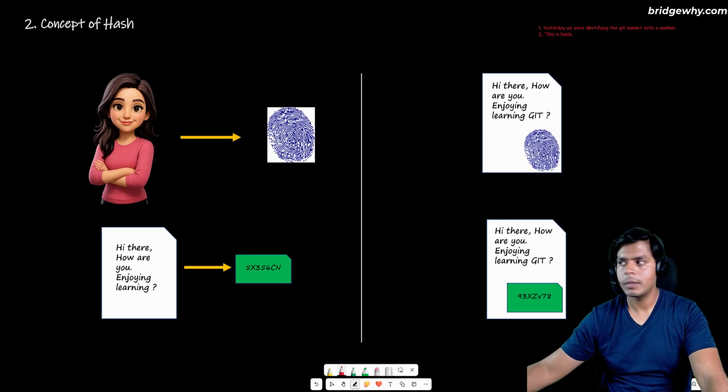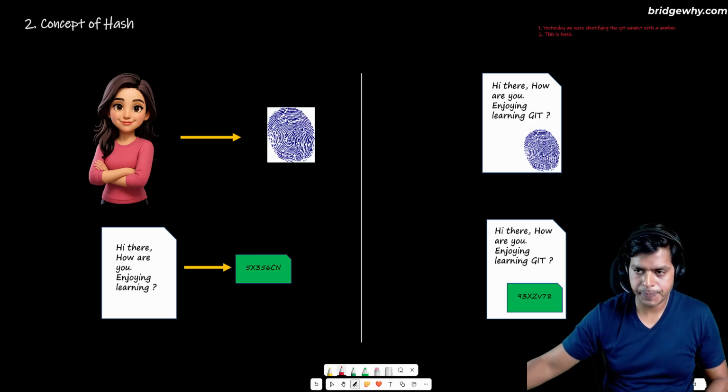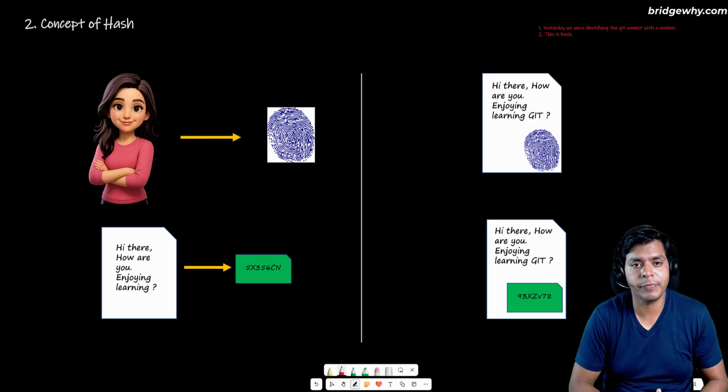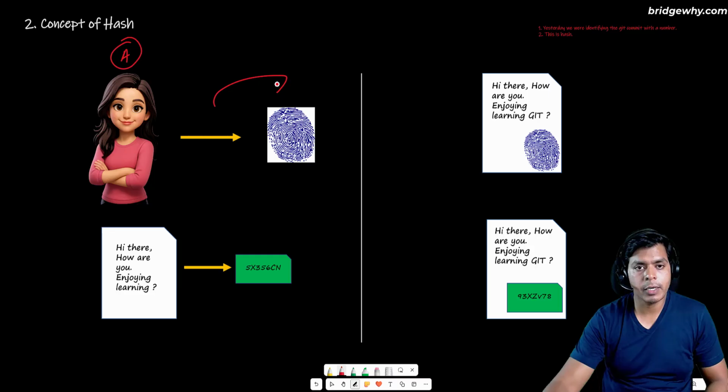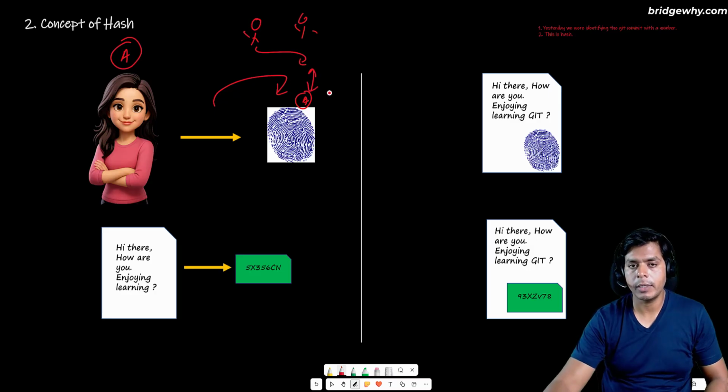So we talk about the concept of hash. It is literally a fingerprint of a file. For example, if we talk about Anjali, and if we take Anjali's fingerprint, and I am 100% sure this is Anjali's fingerprint, then if there is any other person in this world, any ABC, if I take the fingerprint of that person, definitely these two fingerprints will never be identical.